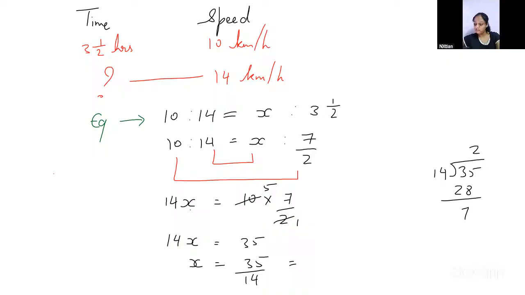Yes, ma'am, because I cancelled it first with 7 and got 5 upon 2, and 5 divided by 2 is 2.5. Yes. Okay, the value of x is 2.5. Understood?